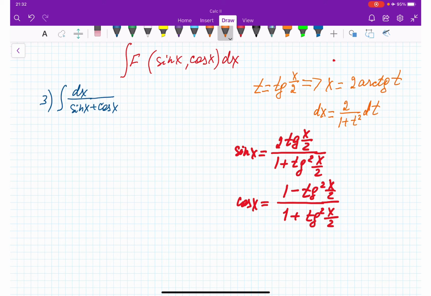So from here, sine x is going to be equal, tangent half of x is t, so we are getting 2t over 1 plus t squared, right? Okay. Now here, what do we have? 1 minus t squared, and here we have 1 plus t squared.